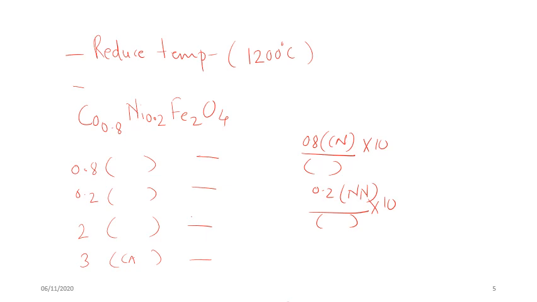Similarly, 2 times this ferric nitrate divided by the total weight into 10 will give me the weight of the ferric nitrate. And finally for citric acid, 3 into citric acid divided by the total weight into 10 will give me the weight of the citric acid that I have to add to complete that reaction.